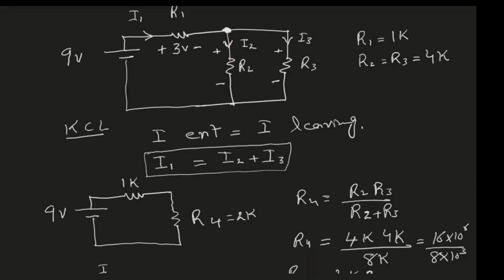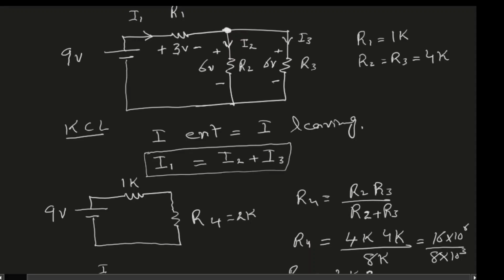We have studied KVL in previous lectures, Kirchhoff's voltage law. And according to Kirchhoff's voltage law, in a closed loop, the voltage rise and the voltage drop are equal. So therefore, if I go around the loop, I would say that the voltage across R2 must be 6 volt, which means the voltage across R3 will also be 6 volt because they are connected in parallel.